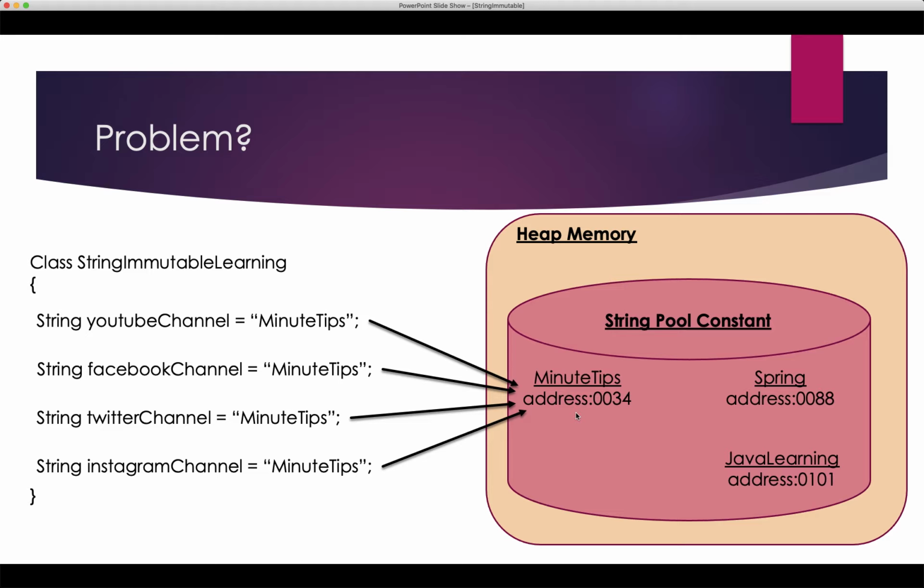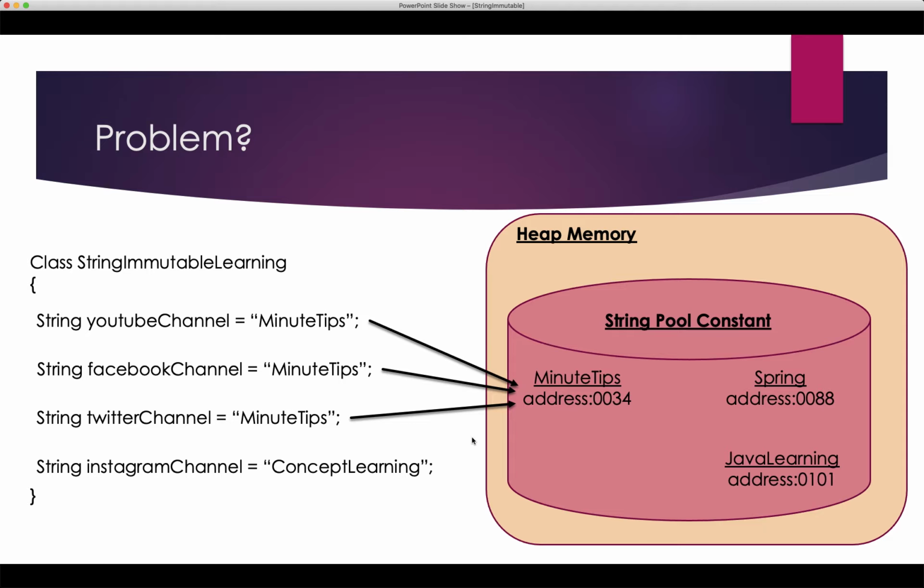With this approach, what is the problem that we will now see? Now if I wanted to change my Instagram channel name from Minute Tips to Concept Learning, earlier the instagramChannel variable was also pointing to the same address 0034.